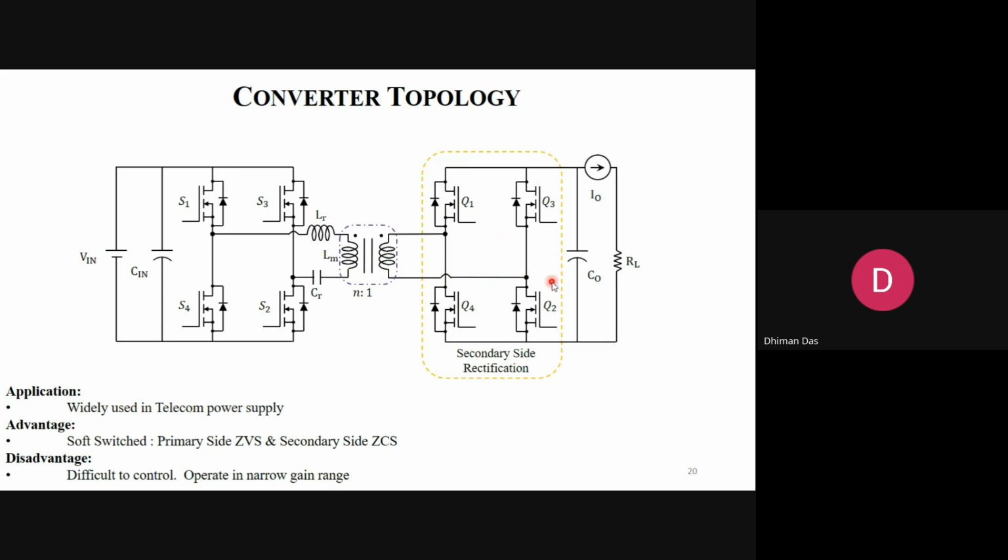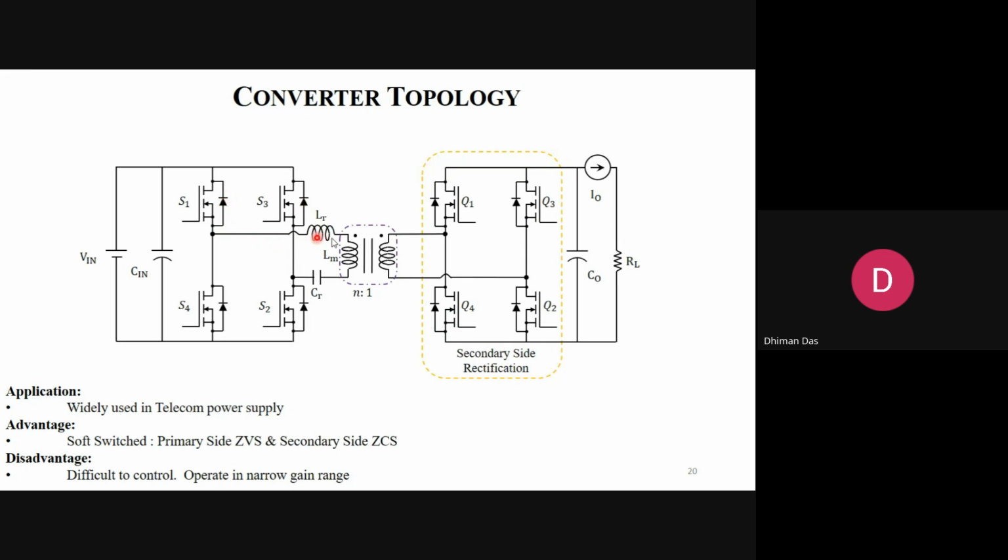This is a very nice topology, and since this LC is a highly tuned filter, all the parasitic noise automatically goes down. It's automatically attenuated. And here you can see you have the output capacitor.